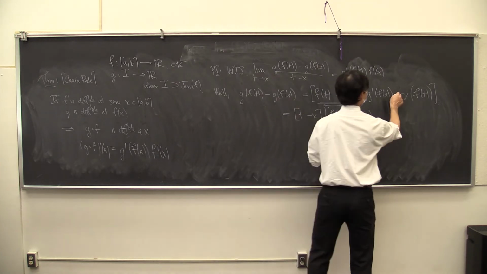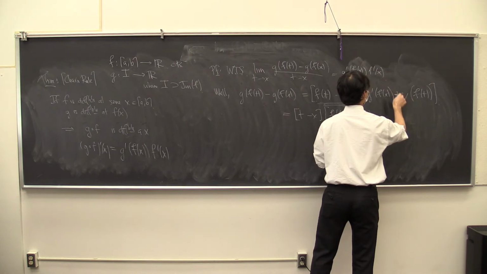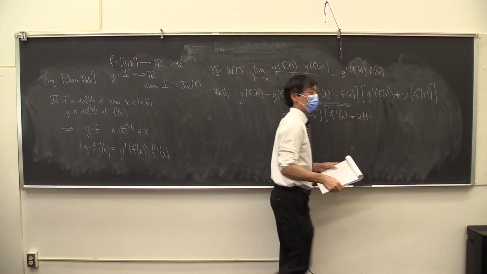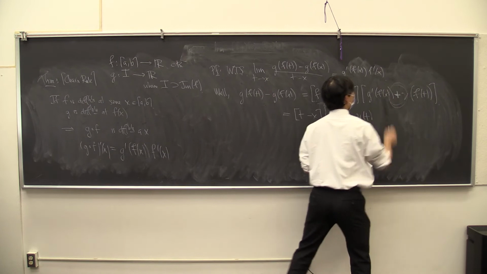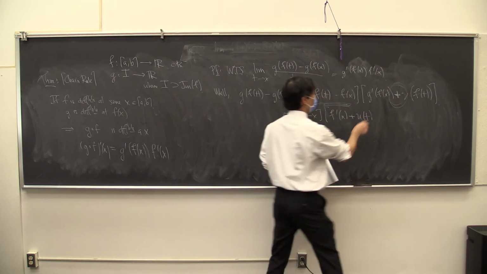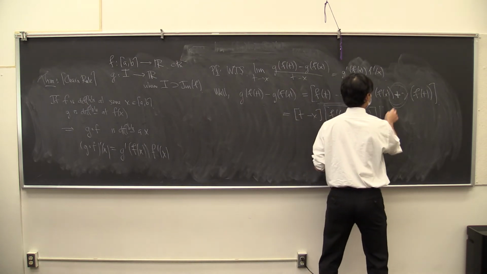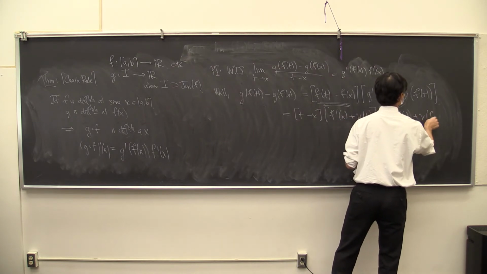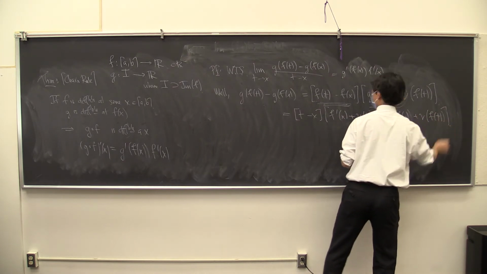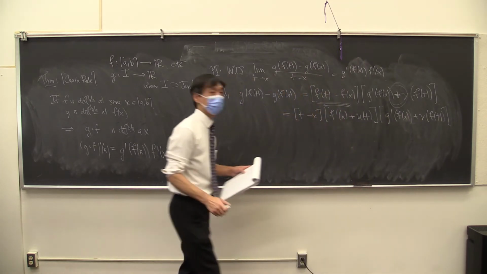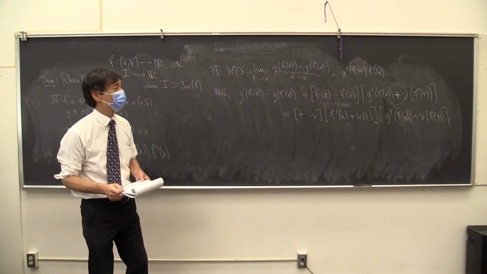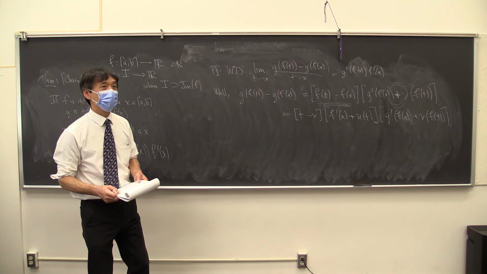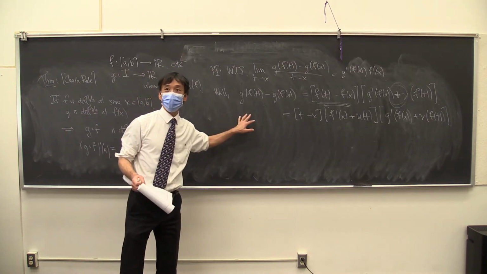I'm sorry, let me make this a plus. It doesn't matter, but I'm going to make this a plus. Times g prime of f of x plus nu of f of t. Is this making sense? I hope this is making sense.